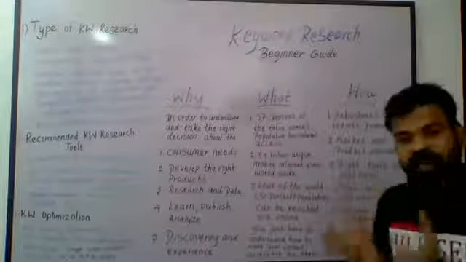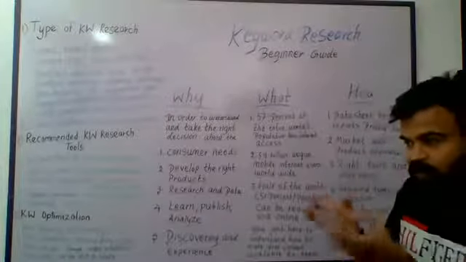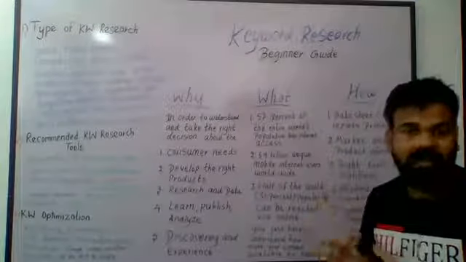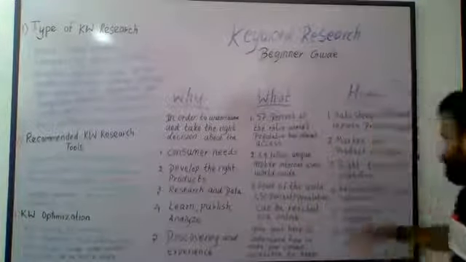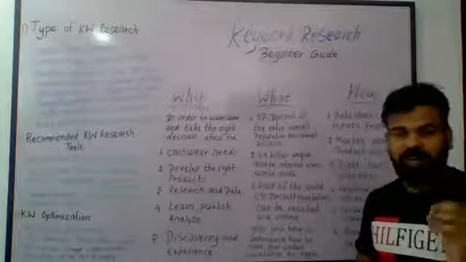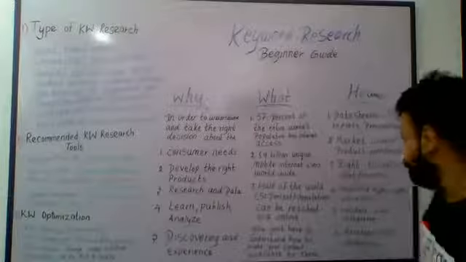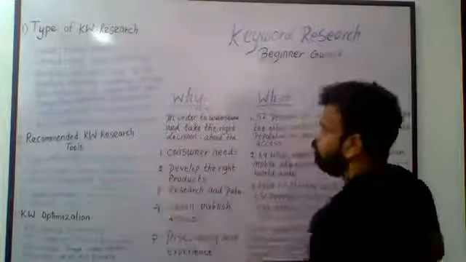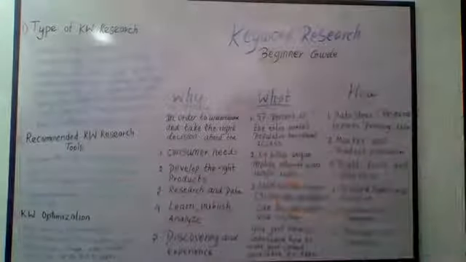If you're using a very advanced tool, what will happen? You will get data which is not going to resonate, but a very complicated data. So that's the main reason you need to identify the right tool before you start the keyword research. So we're going to explore the recommended keyword research tools over there.